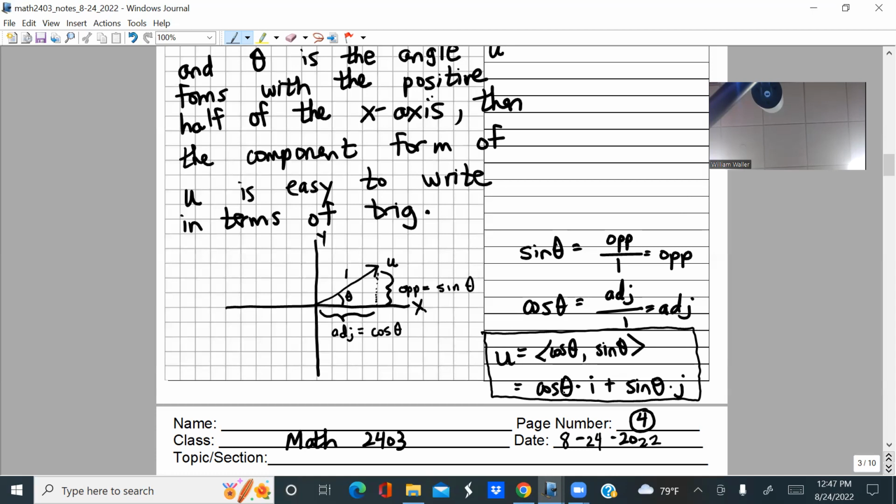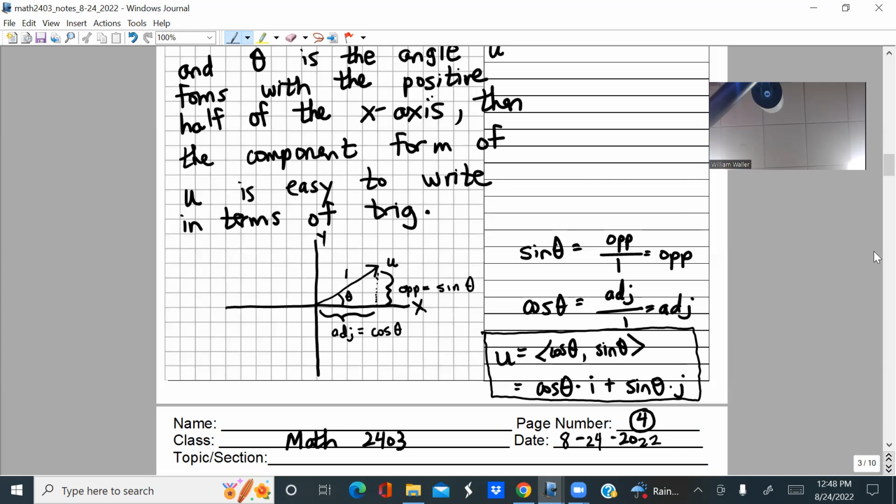It's the cosine of its direction times i plus the sine of its direction times j. Now you might say, well, that's great, but that direction is kind of tricky to determine, right? Well, that's true. The direction is going to be hard to measure for unit vectors, if you're just looking at the picture. But nevertheless, this equation still is true.